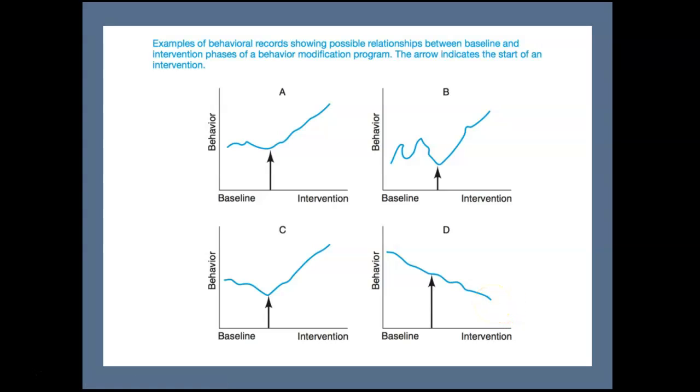That means that you haven't really established a baseline yet. In image C, you may have been on the road to the same kind of problem where there was this decline in behavior. You perhaps hadn't waited long enough for the baseline to become evident before adding the intervention.